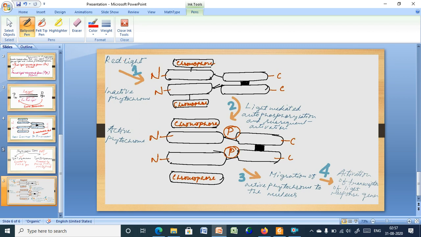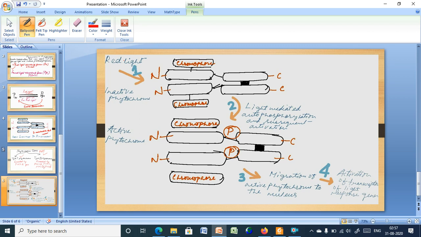And if we consider the type of response, either the activated phytochrome migrates to the nucleus, where it interacts with regulatory proteins, which results in gene transcription.